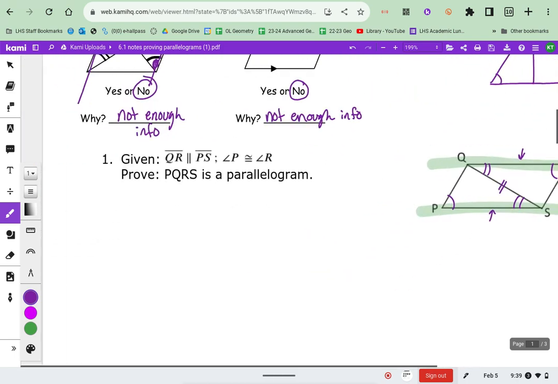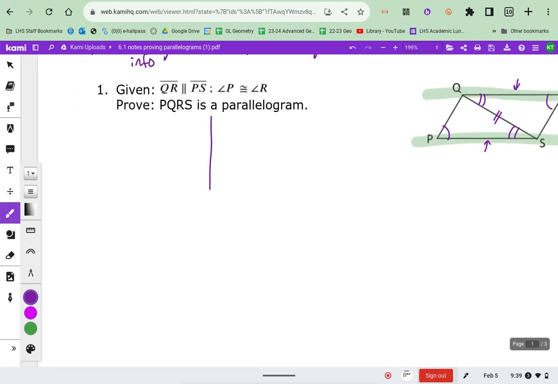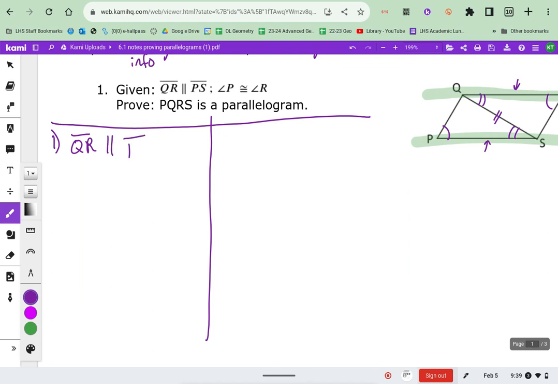So I was going to draw my T-chart and write in my givens. All right, so the first thing we marked was that QS is congruent to itself by the reflexive property.